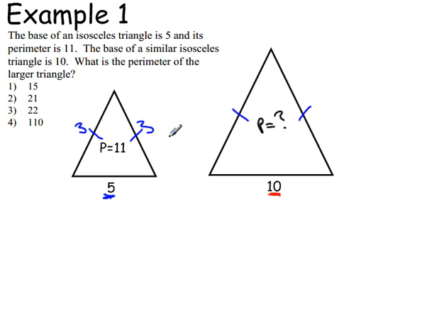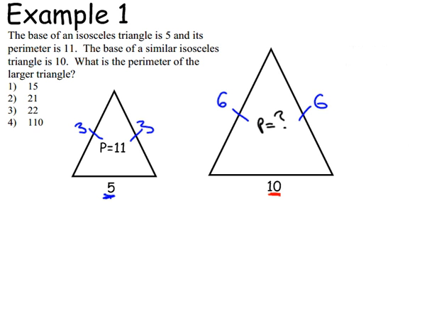In other words, 5 multiplied by 2 is what gives me 10. So that means these two sides have to be 6 and 6 because 3 times 2 gives you 6. So they both have to be 6 and 6.